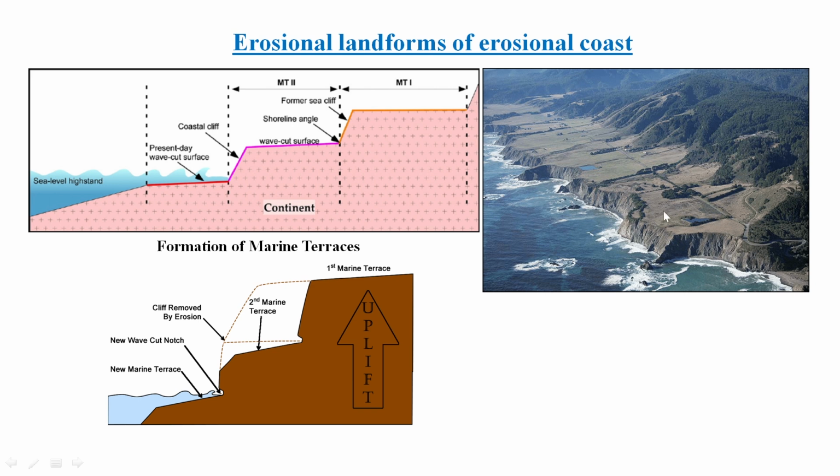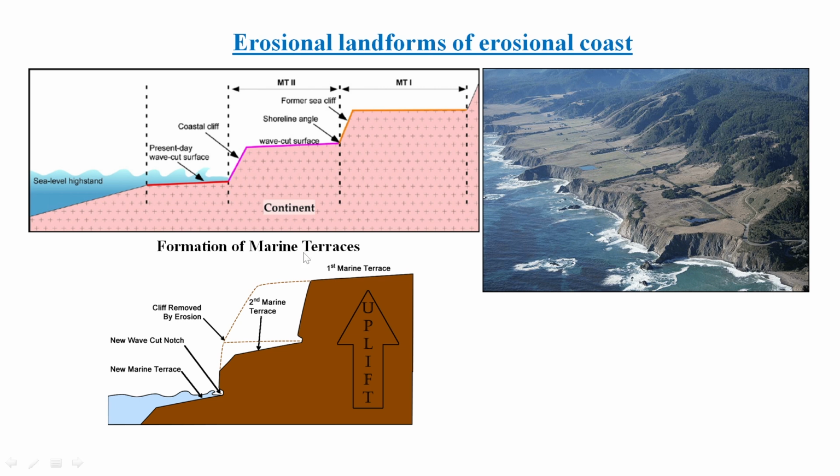Now it is beneath this terrace. So this is the former cliff, then you have a shoreline angle change, then the wave cut surface, again you have the coastal cliff, and this is the present day wave cut surface where your waves are continuously cutting the cliffs.